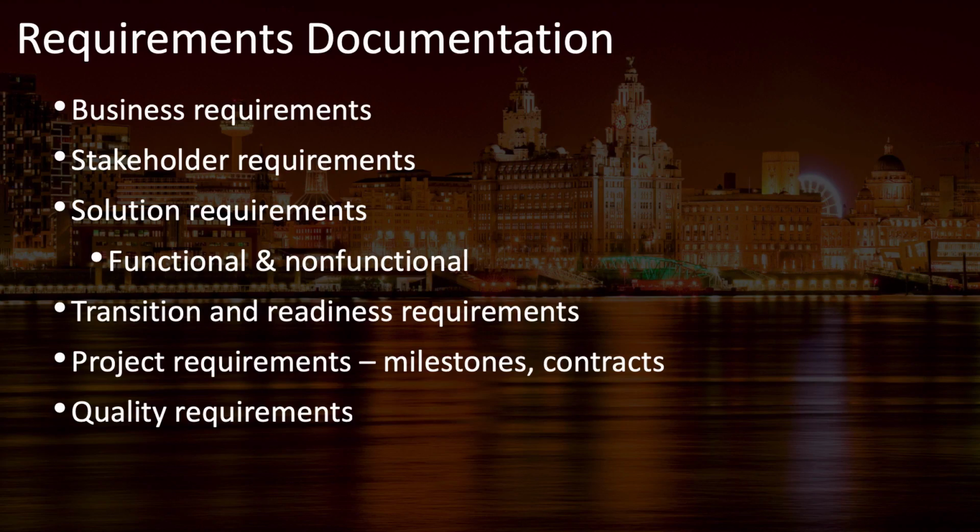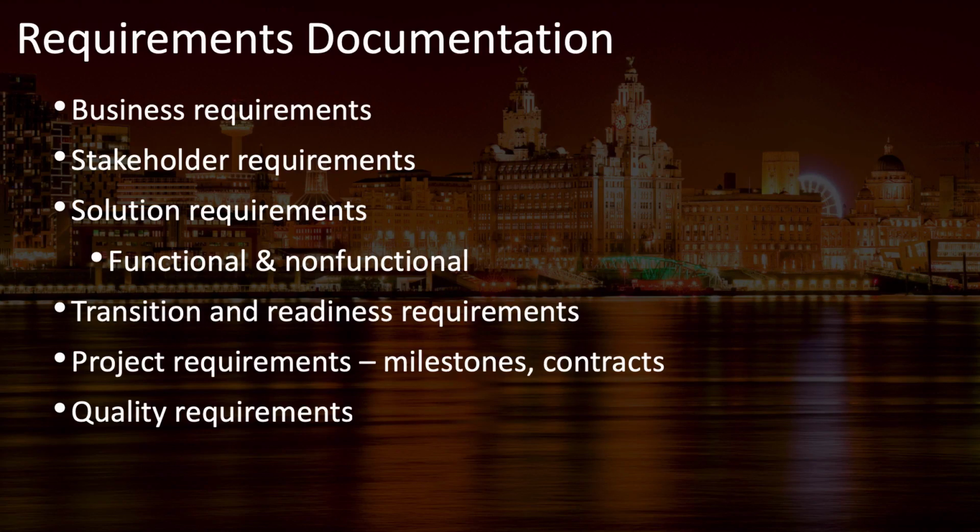Business requirements would come from your business case and your benefits management plan and your needs assessment. Your stakeholder requirements, where is all your stakeholder information? It's in your stakeholder register. Your solution requirements, where might you find some of those?